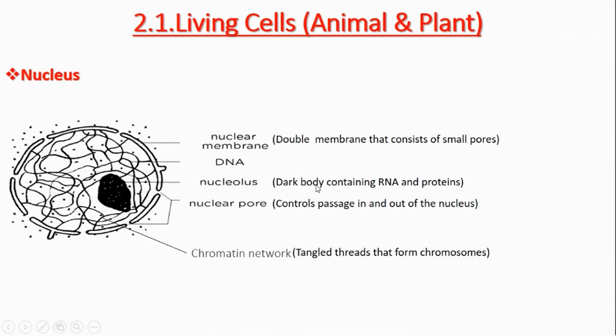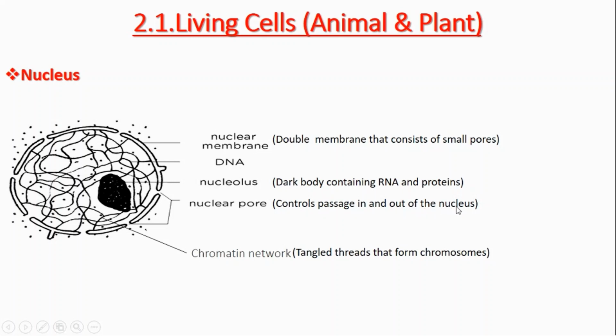There is the nucleus again. You can see the nuclear membrane, nucleolus, nuclear pore, and chromatin network, as I've said. You can see that the nuclear membrane goes all the way around the nucleus and has these small openings here. These small openings are called nuclear pores. Now, the nuclear membrane is a double membrane that consists of small pores. These nuclear pores control what goes in and out of the nucleus.